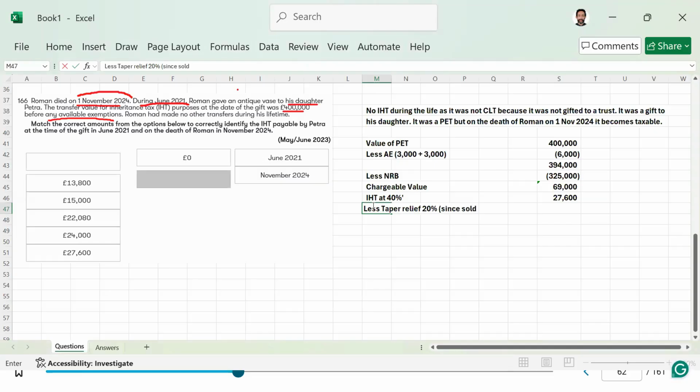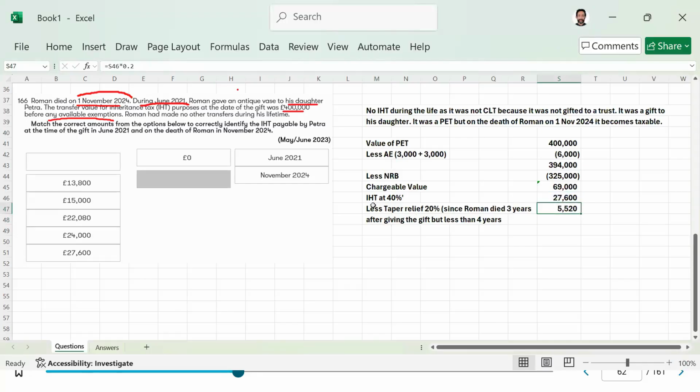Since Roman died 3 years after giving the gift, but less than 4 years. Okay. So that's going to be a 20% thing. So we're going to just take away the 20%, 0.2.